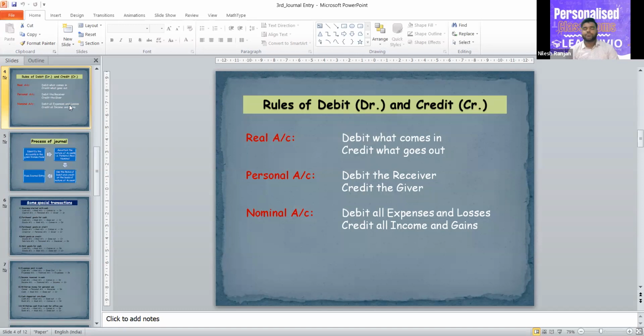And cash will be credited because we are paying cash for the salary. Cash is going out, that's why cash will be credited, and salary is an expense, that's why it will be debited. Is this clear? There are many types of transactions you will get, but you have to follow these rules and solve the question. Is that clear? Okay, just 1 minute.